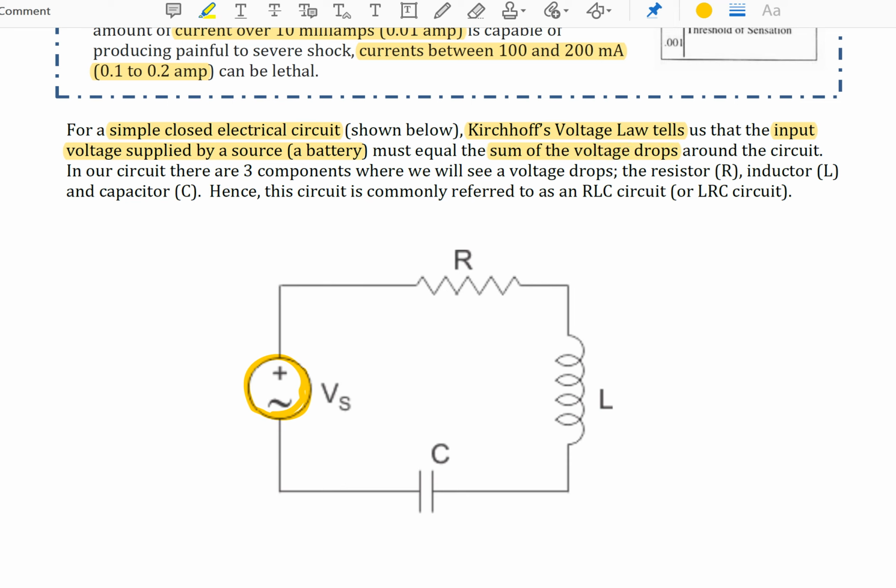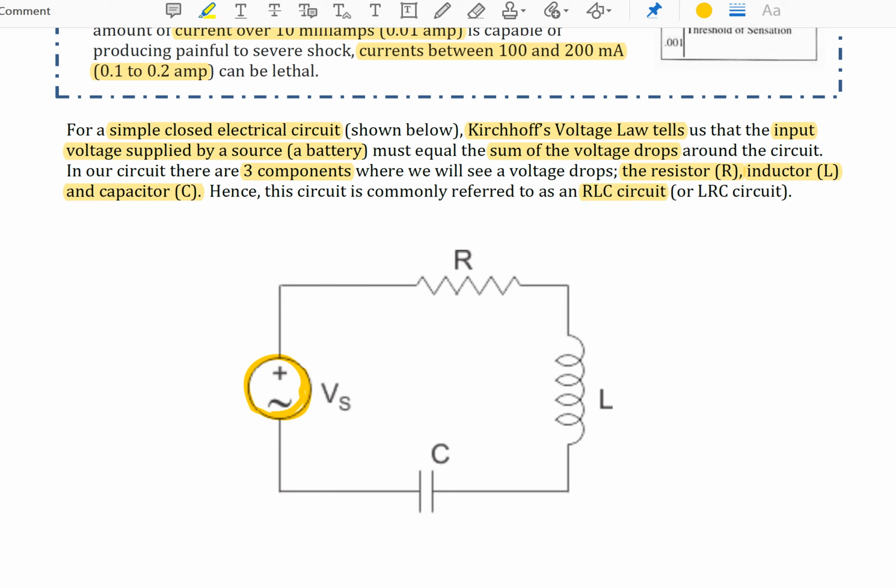In our circuit, there are three components where we will see voltage drops. There's a resistor, R, an inductor, L, and a capacitor, C.